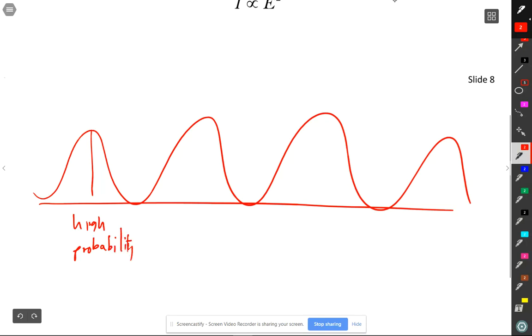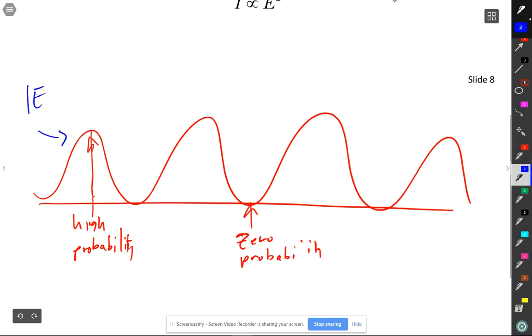And here it's low probability, or 0 probability, actually. But then from doing math, this here is the electric field squared. And so if we take the electric field squared, that tells us the probability of the photon being there.